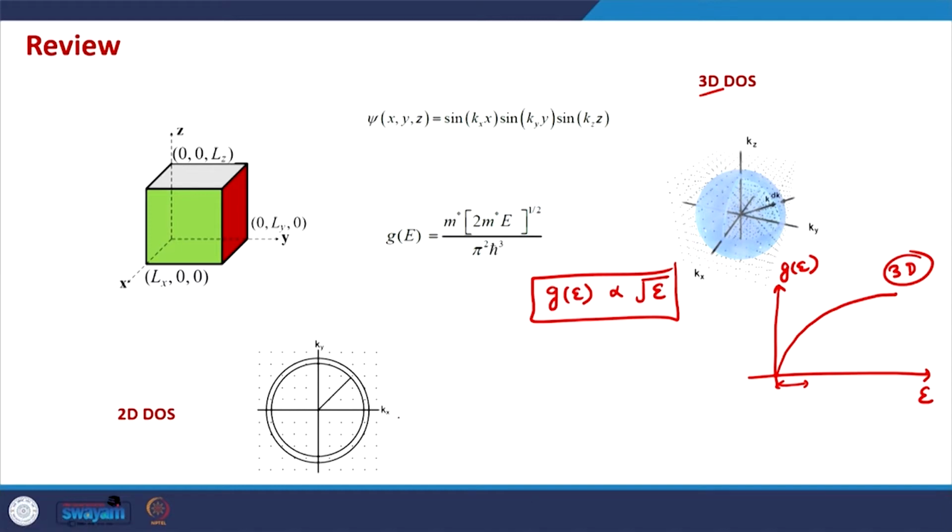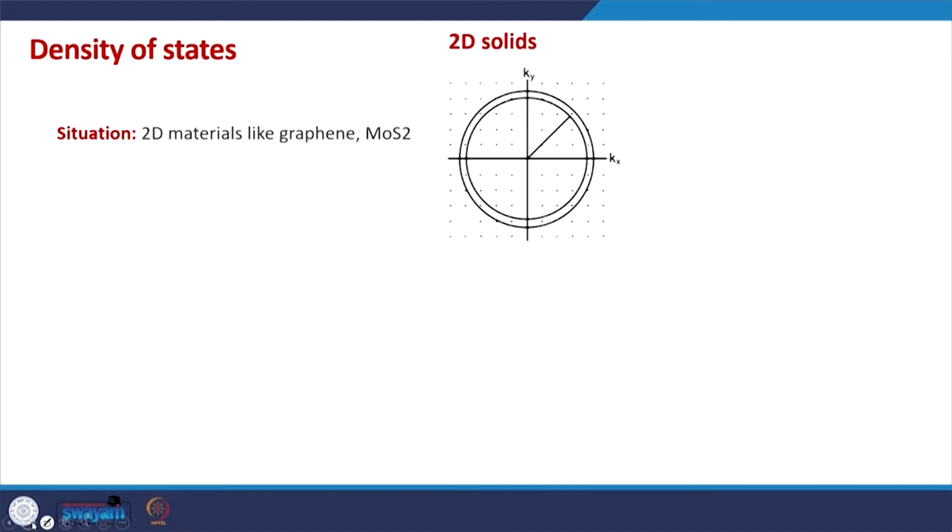Here we have only two directions in which we need to solve the Schrodinger equation, and the solution of the electronic wave function in 2D solids turns out to be A sin(kx x) sin(ky y), and these kx and ky values are discrete values. As we saw, in order to find the density of states, we need to calculate the allowed electronic states, and that we do in K space.